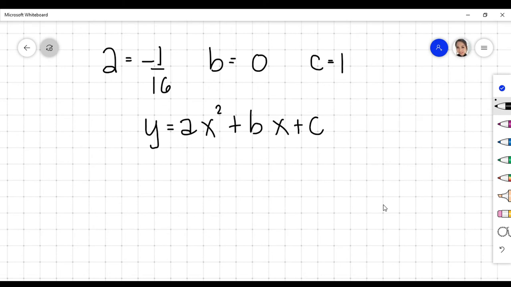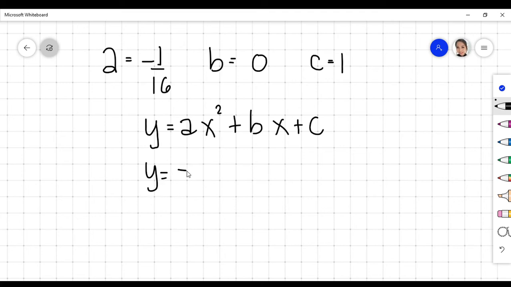Review, a is negative 1 over 16, b is 0, and c is 1. So we will substitute a, b, and c to y equals ax squared plus bx plus c. So we copy y.